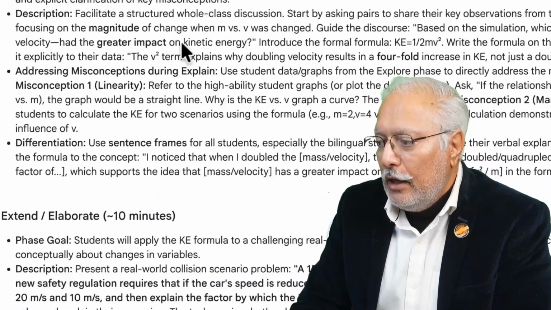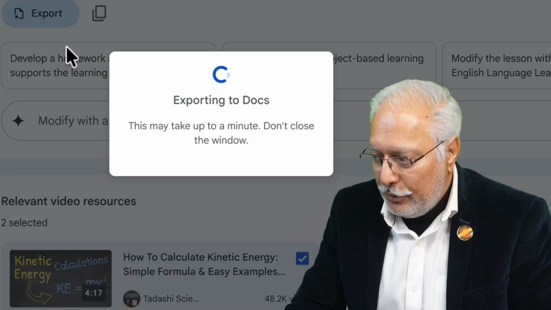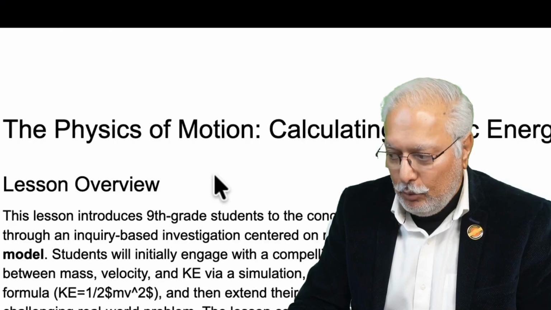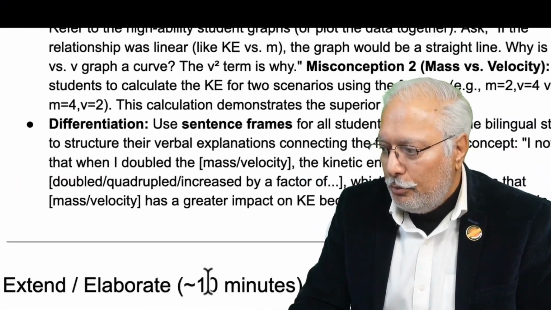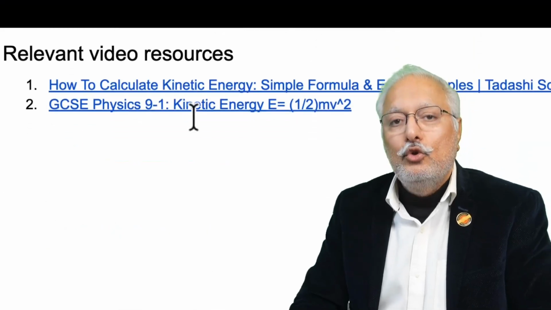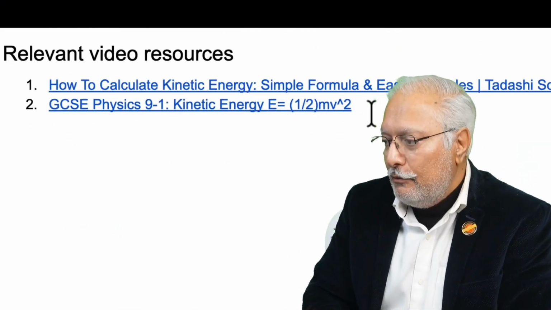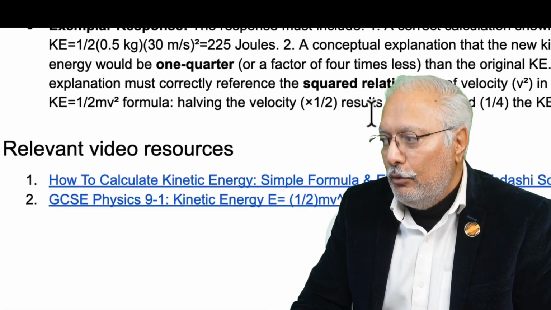And now at this point, if I export this lesson plan to Google Docs, watch what happens. So now it has given me this entire lesson plan that was there before, which we can submit to our supervisor and whatever. And it has also added the 2 YouTube videos that we selected as a relevant video resource.